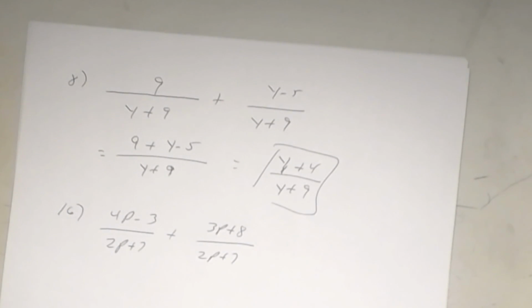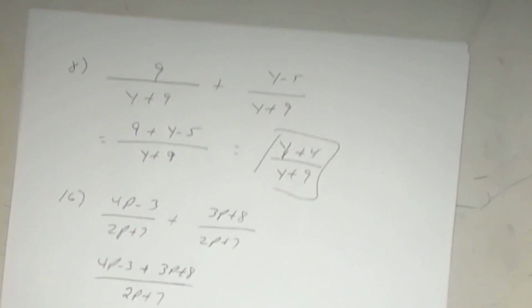Now again, you can skip that middle step, but let's just go ahead and write it out. So I'm going to write this as one fraction. I can go directly to that one fraction because the denominators are the same. So I get 4p minus 3 plus the other numerator. What's the other numerator? 3p plus 8, all over 2p plus 7. So that's where I'm at.